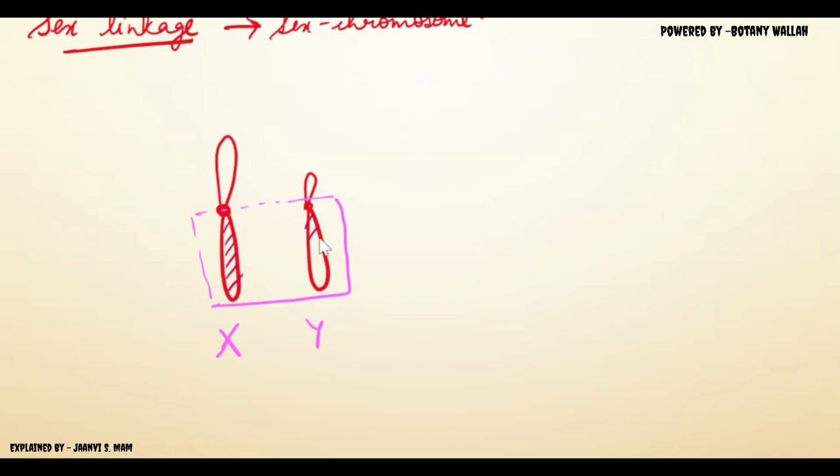These two parts of the X and Y chromosome are exactly the same, so we say these two parts are homologous chromosomes. This and this part, we say homologous chromosomes.